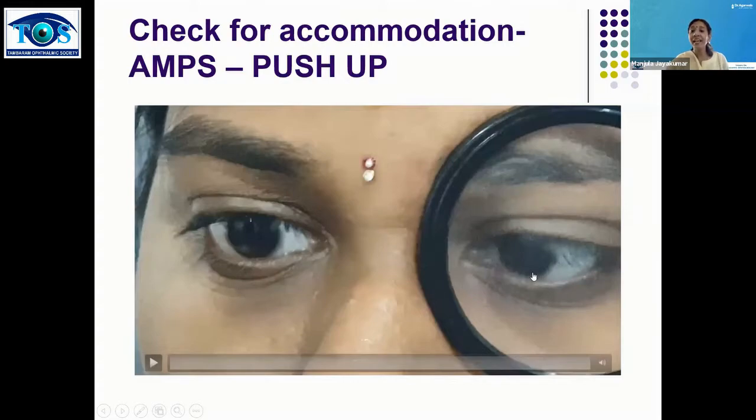But see this eye: when this eye is accommodating, the other eye should converge. That shows that both eyes are involved in the phenomenon of accommodation. If you don't see the eye under your cover converging, that means the eye has stopped accommodating. So this is a small tip to assess whether accommodation is being exerted or not.